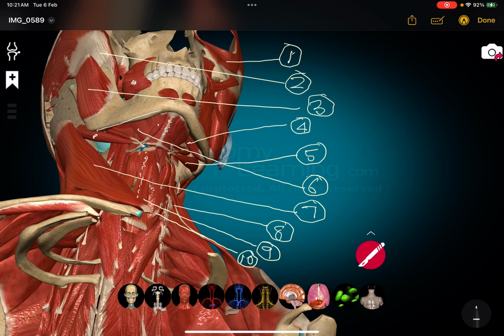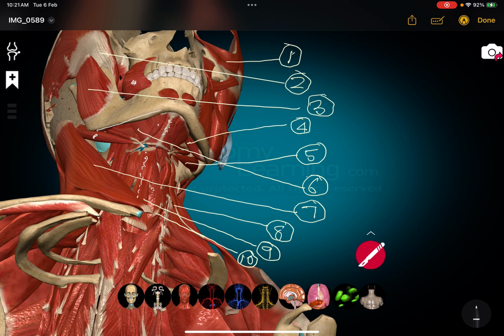And between the two bellies of the omohyoid, they are descending from the hyoid bone. There is the sternohyoid and sternothyroid, and all of this is covered by the platysma.